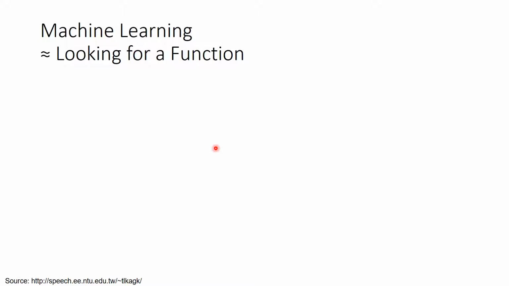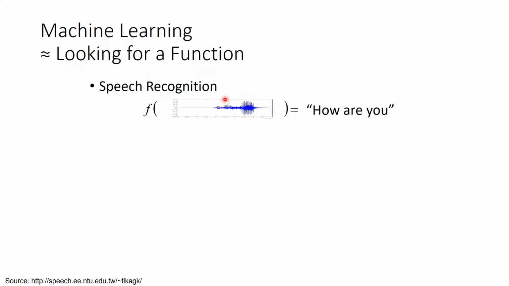Okay, let me take a look at the basic idea of machine learning and deep learning. They want to look for a function. We use speech recognition as an example: we have a function, we give it a speech, and it recognizes a sentence.